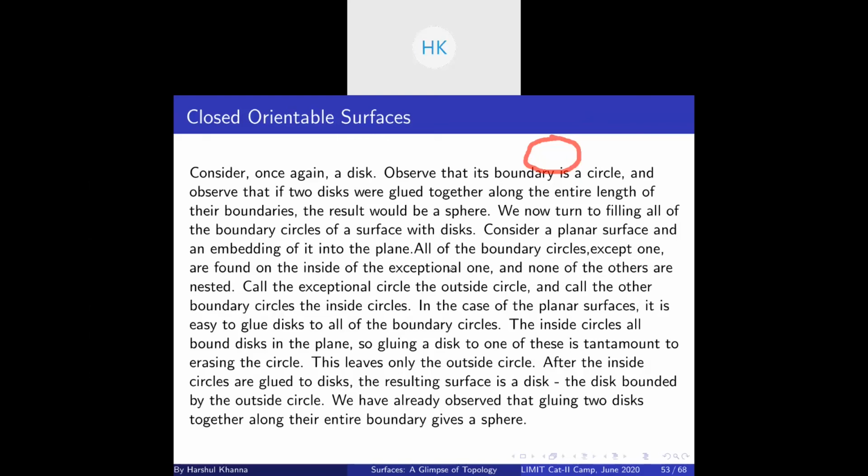Till that point we get a planar surface, but we have an exceptional circle, that is the outside boundary. On attaching a disk to it, we get a sphere. So it can no longer be a planar surface. Now let me remove the annotations.